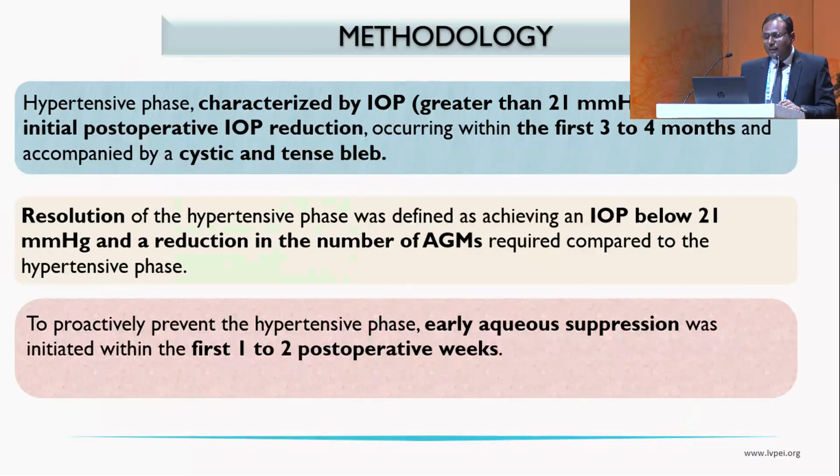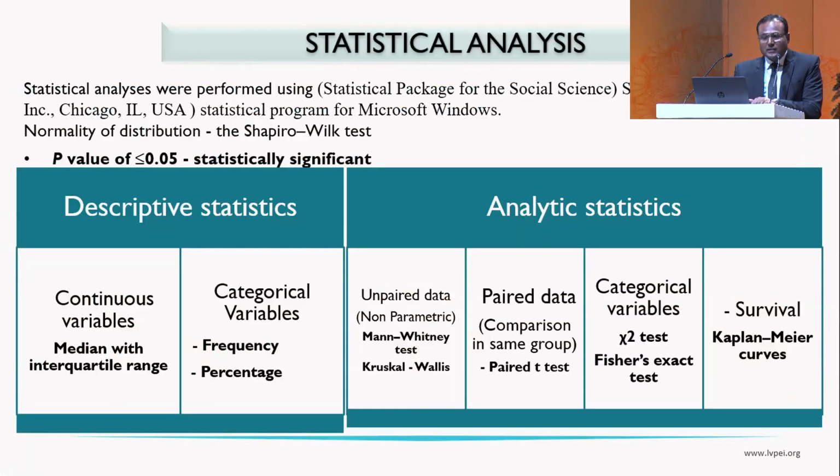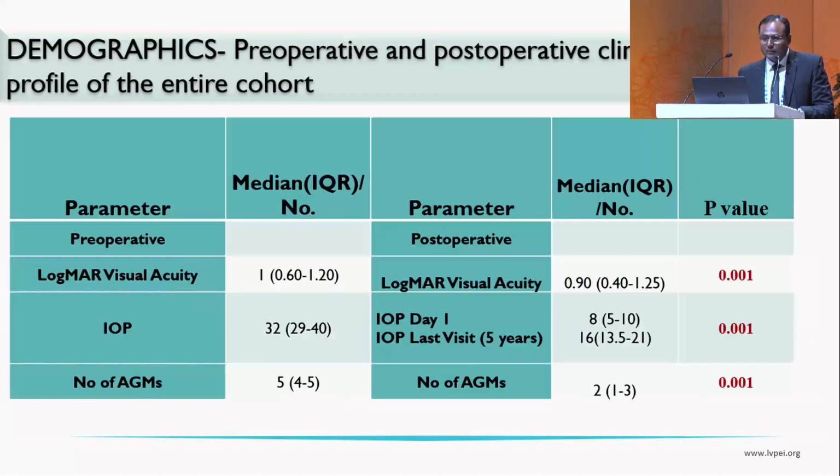The hypertensive phase was characterized by IOP more than 21 despite initial post-op reduction within the first 3-4 months after surgery, with accompanying cystic and tense bleb. A resolution was defined as IOP less than 21 with a reduction in AGM, and to proactively prevent the hypertensive phase, we started patients on aqueous suppression. The statistical analysis was performed using SPSS version 26.0, and a p-value less than 0.05 was considered statistically significant.